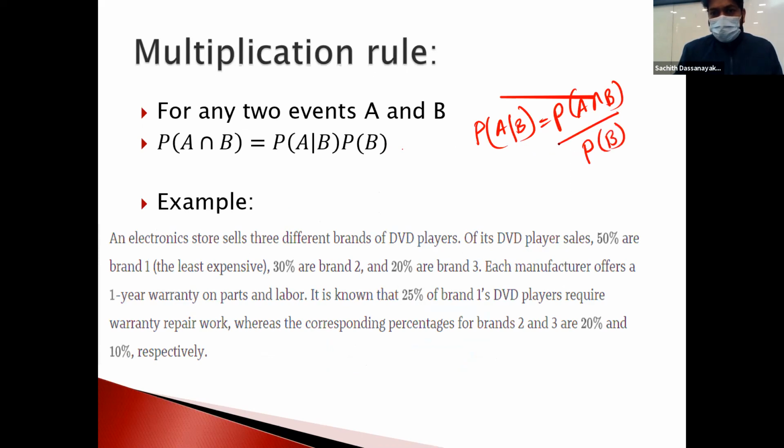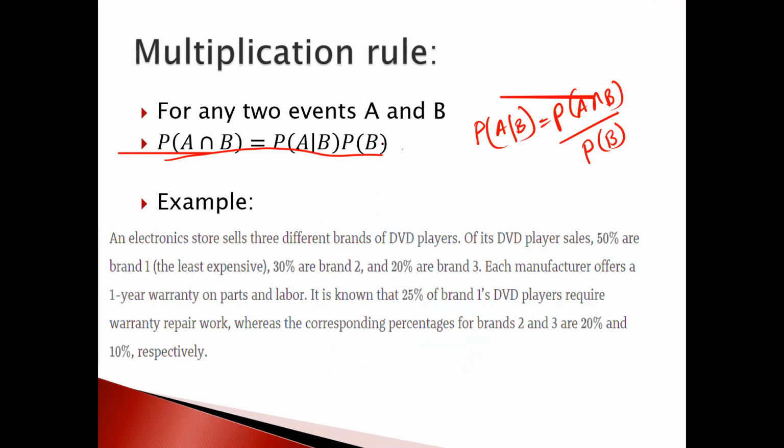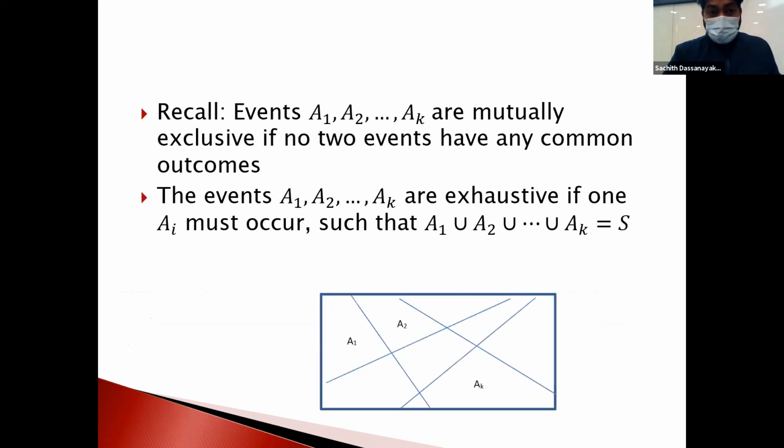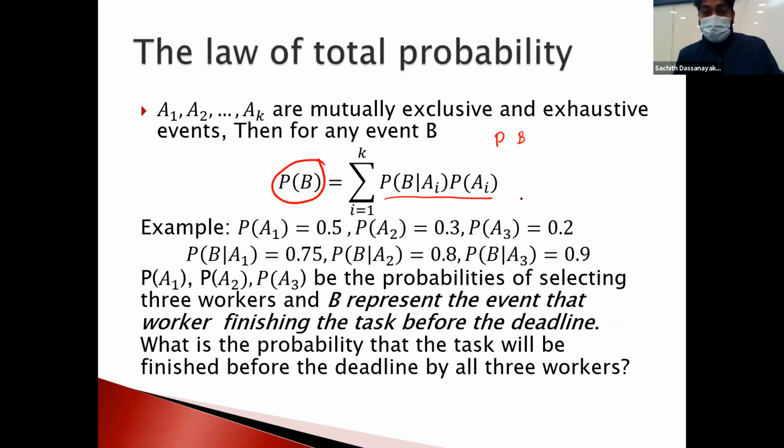Once you cross multiply this, you can get this one. We call this the multiplication rule, but this is still conditional probability. But this one is different. It is total probability, the law of total probability. It is how we get the probability of that particular event if we have mutually exclusive events. Clear? Don't confuse it with that.